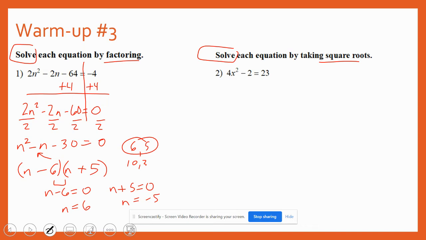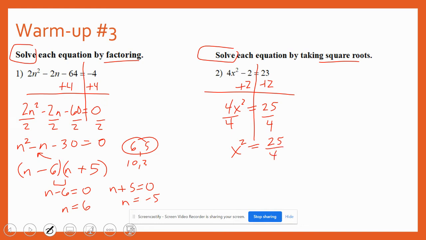Second one says solve by taking square roots. That means get the squared term by itself. So I'm moving that over here. 4x squared equals 25. Divide by 4. X squared equals 25 over 4.